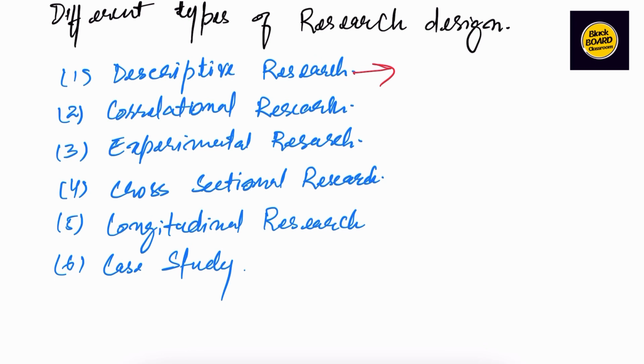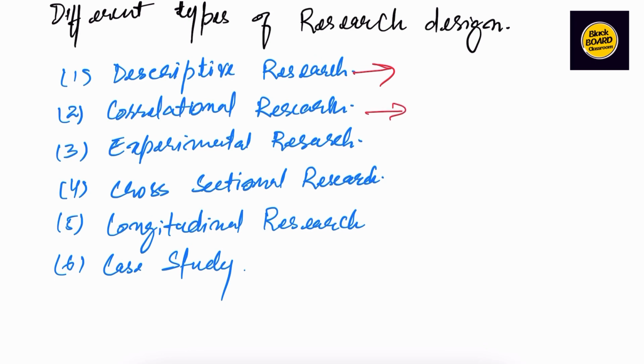It doesn't manipulate variables. Then correlational research examines the relationship between two or more variables without intervening or manipulating them.